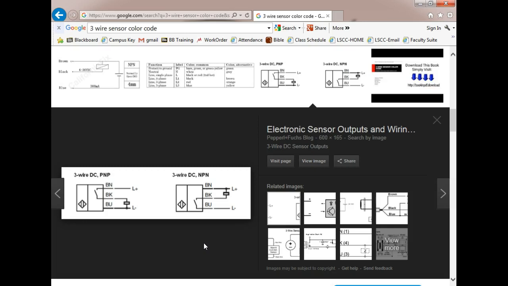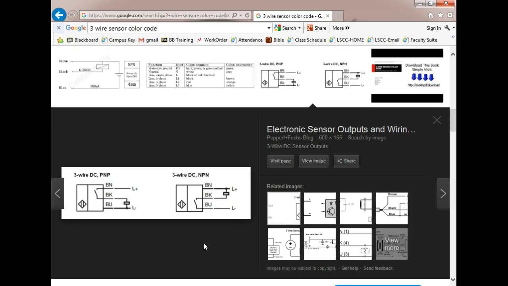So the brown wire is positive. The blue wire is what? Negative. And the black wire is the signal wire. Y'all understand? Over here, the brown wire is positive. The blue wire is negative. And the black wire is the signal wire.